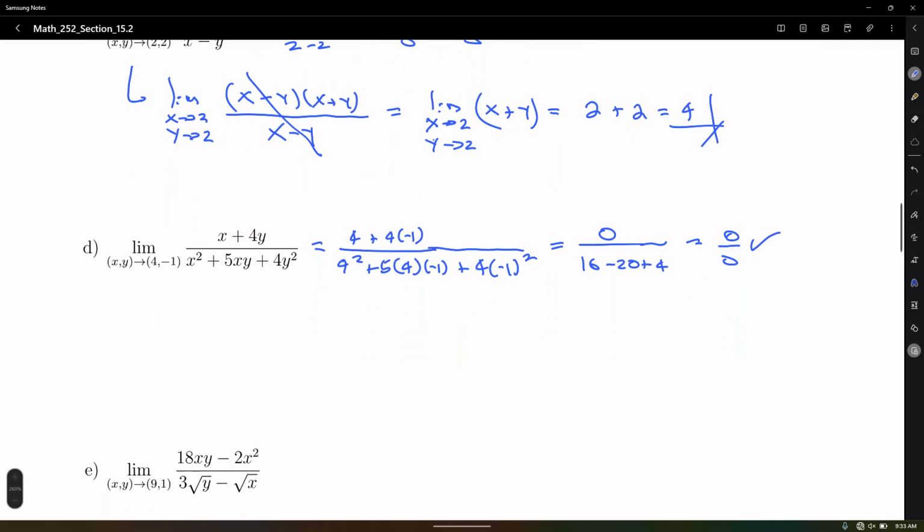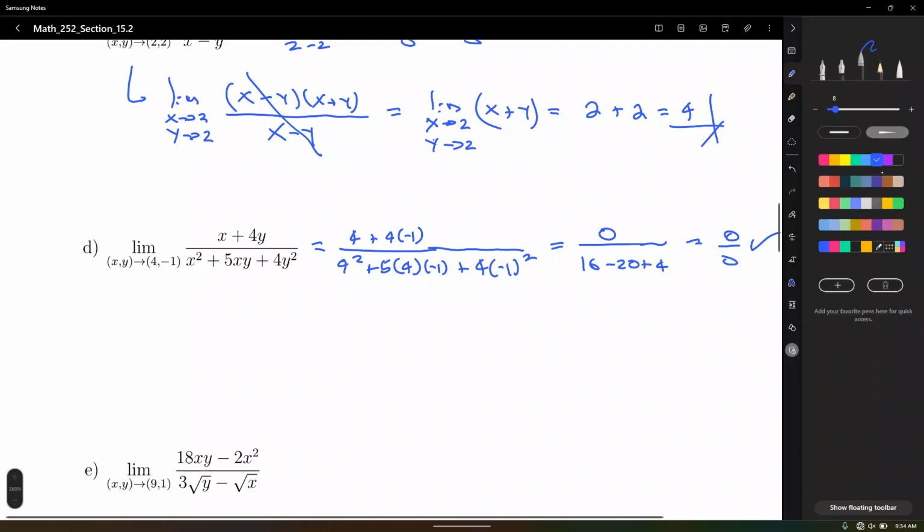How do we compute this limit anyway? We have polynomials in the denominator with two variables at the same time. How do we factor this one? Yes, we can factor it because it's a polynomial. When you have two variables at the same time, let me do this at the bottom.